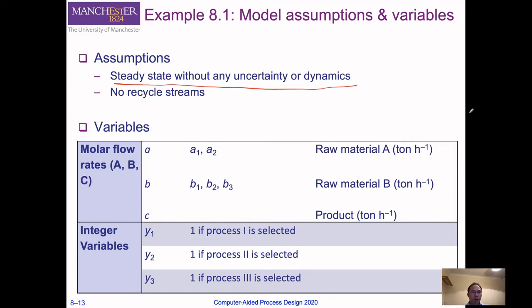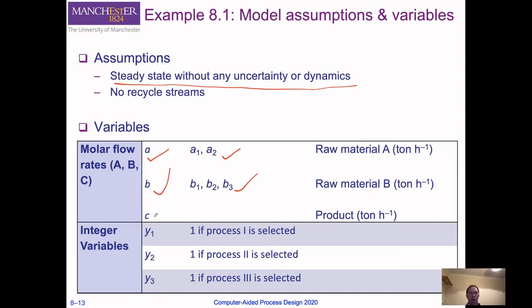Then we define variables to denote what we want to determine. We define the flow rate of raw material A, the flow rate of A into process 2 and 3, and also the flow rate of B, the flow rate of B from process 2 and 3, and the inlet flow rate into process 1.